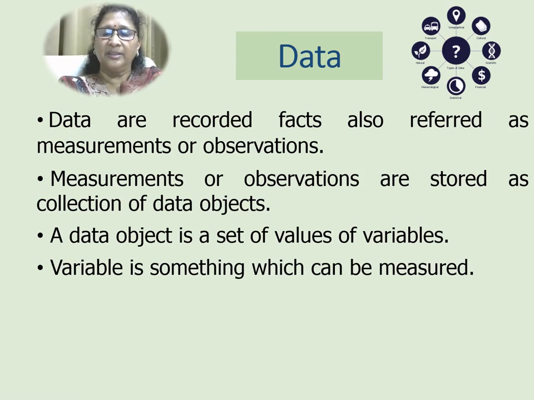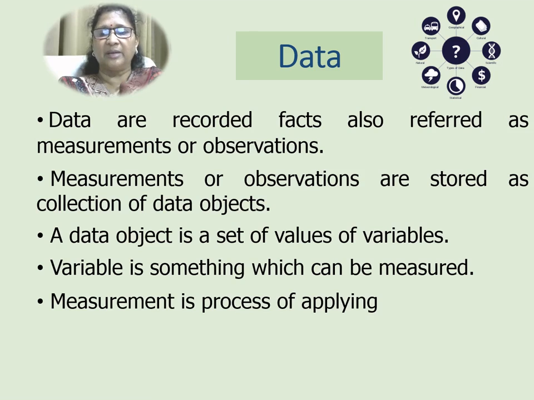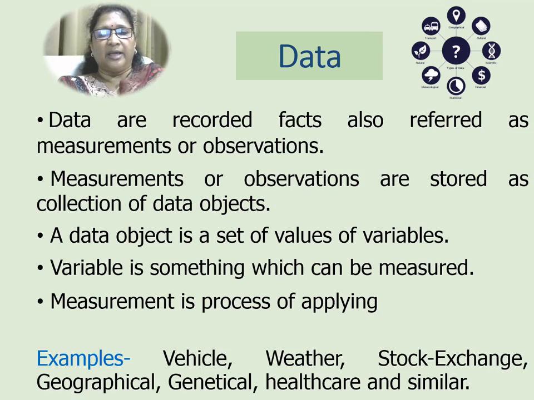What is a variable? A variable is something which can be measured. So we say that measurement is the process of applying values to the attributes. Examples of data are vehicle data, weather forecast information, geographical information, genetic data, healthcare data, and so on.